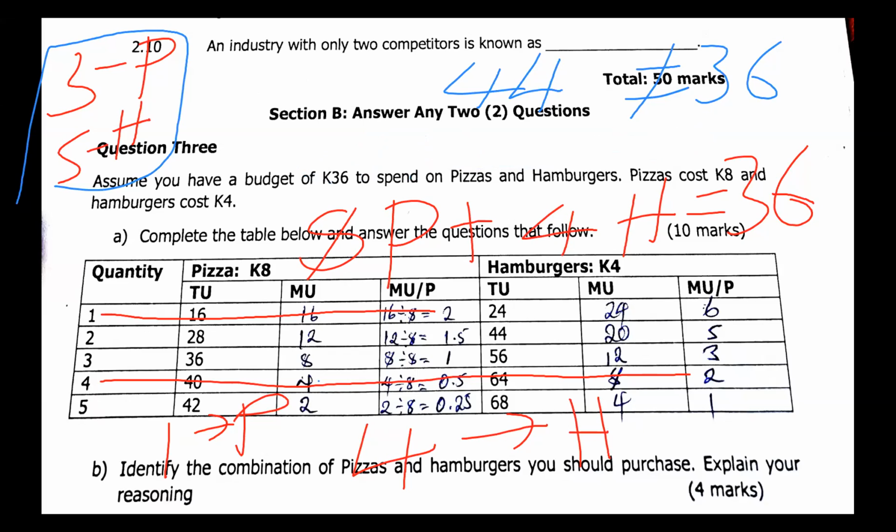It means that you cannot manage this bundle, okay? You cannot manage this combination. Your budget is just the 36 kwacha, but this bundle requires you to spend 44 kwacha, okay? The bundle requires you to spend 44 kwacha, so you cannot manage to get this bundle. So it is not the bundle that you're going to purchase. You can't afford it.